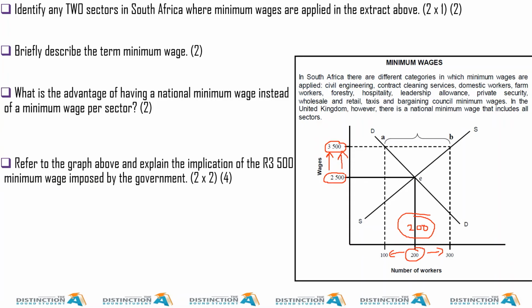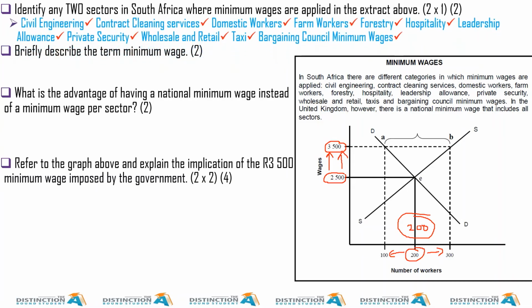All right, so let's get down to business. Identify any two sectors in South Africa where minimum wages are applicable in the extract. Now, getting this one wrong, you deserve lunch, because here are the answers in here. You are not going to even think. If you get this one wrong, honestly, you deserve lunch and a full course meal, because there is no way you can get this one wrong.